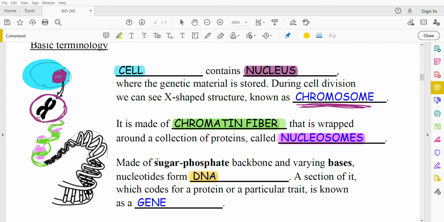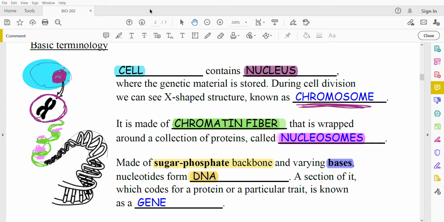They form the backbone of the DNA. And in addition to that, we are going to have various bases, and these bases are the ones that vary.